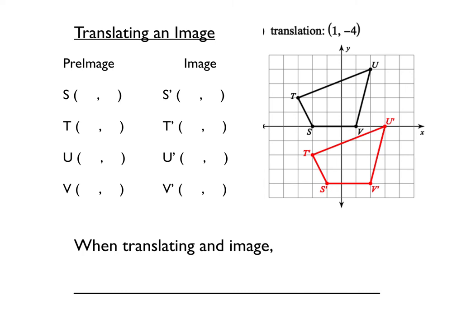We did a translation here of 1, -4. Means every x moved 1, every y moved -4. So let's do our coordinates here. The coordinates for s are -2, 0. The coordinates for s prime is -1, -4.